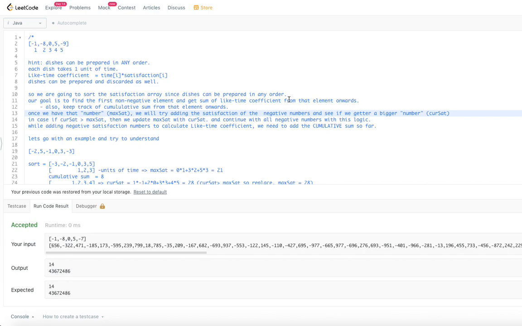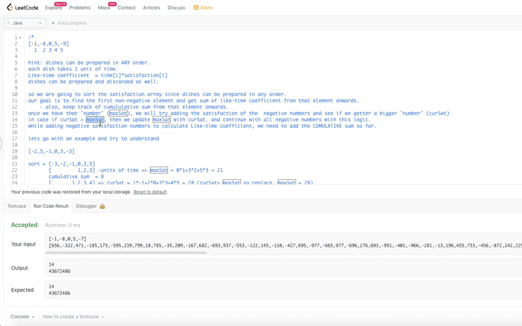So I am going to do this by adding the first negative number, second negative number, third negative number, and so on, right? Each negative number I will add and see if I get a better satisfaction. I am calling that the current satisfaction. If the current satisfaction is greater than the max satisfaction, then we will replace whatever max satisfaction is there, and we continue with all the negative numbers with this logic.